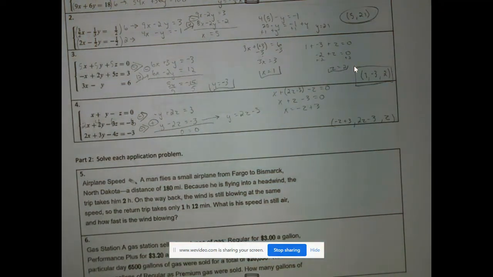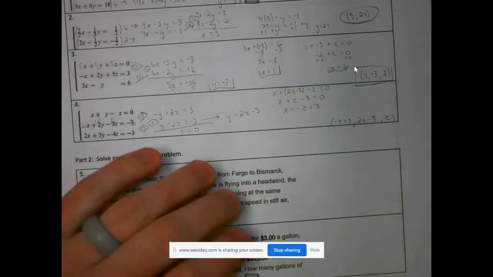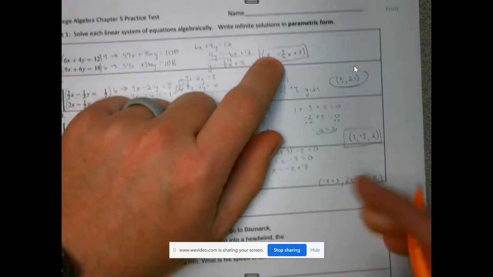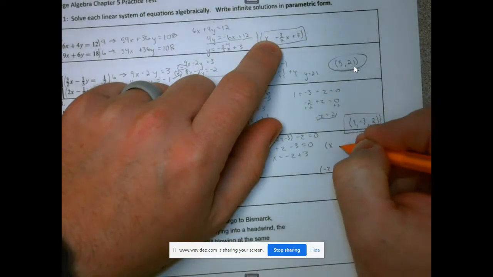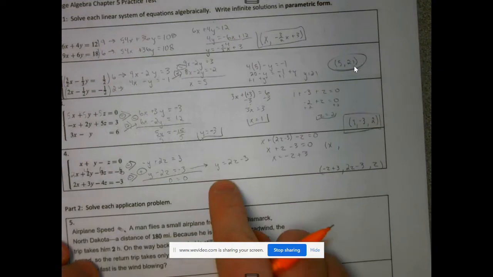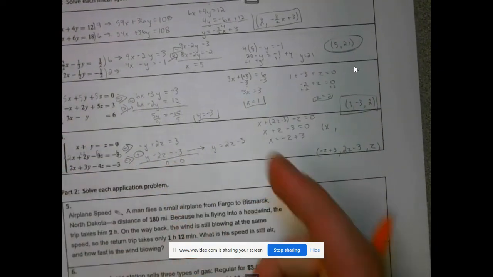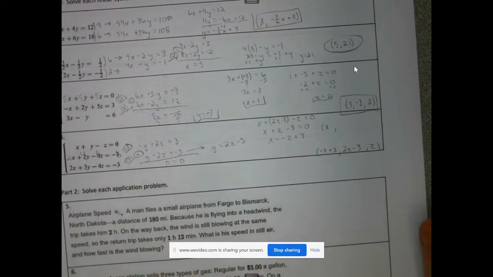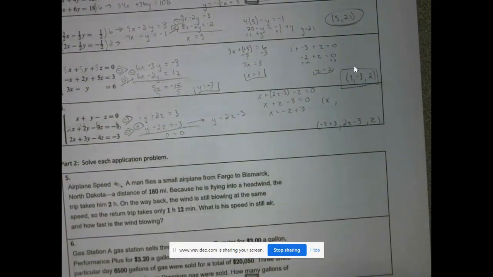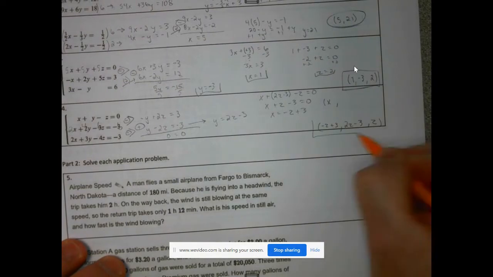You could, if you wanted to, put this in terms of x, like we did up here. You could say x, comma, and then go that route. The reason we didn't do that is because we eliminated x from the get-go. But if you eliminated a different variable, you could do it in a different ordered triple.